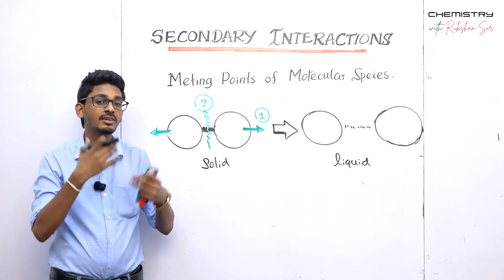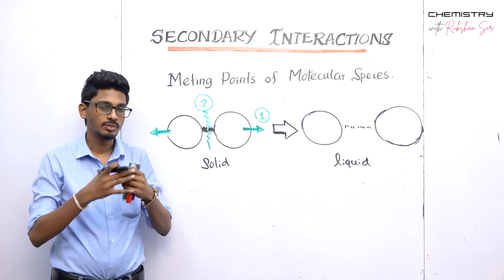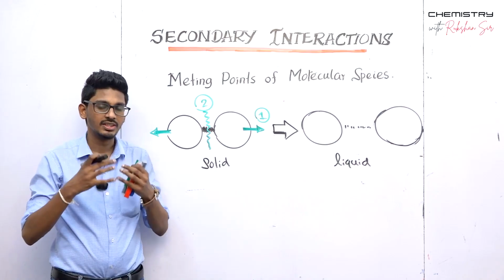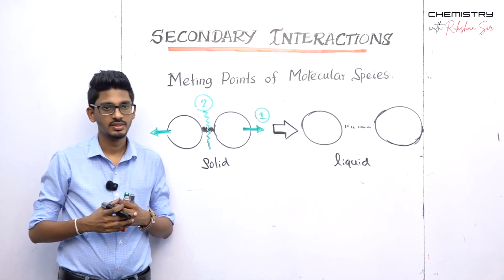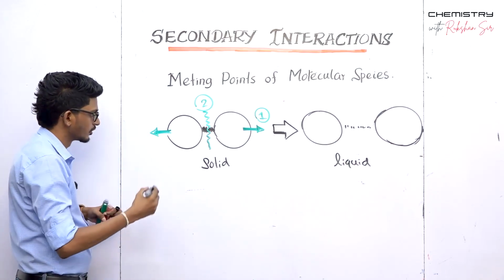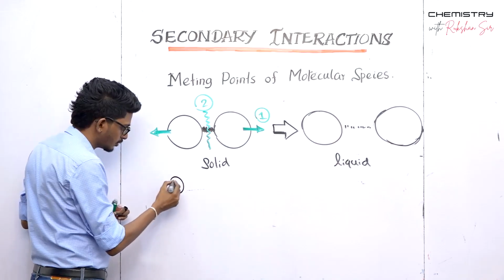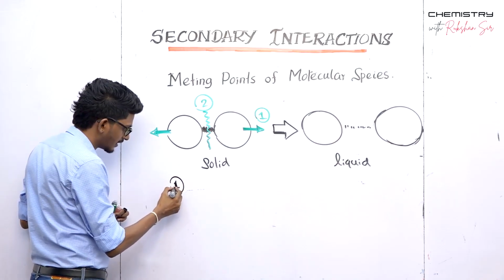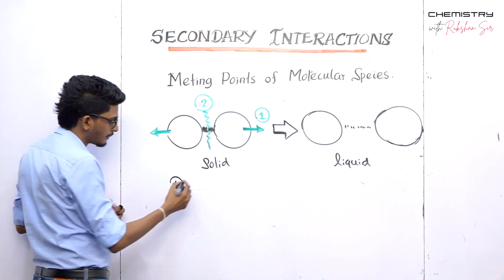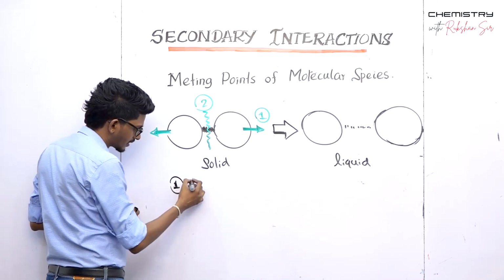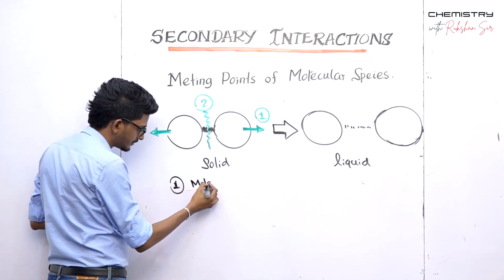So you need a high temperature to move particles with a greater weight. That is the idea. The first thing, to move the particles apart from each other, the molecular weight matters.